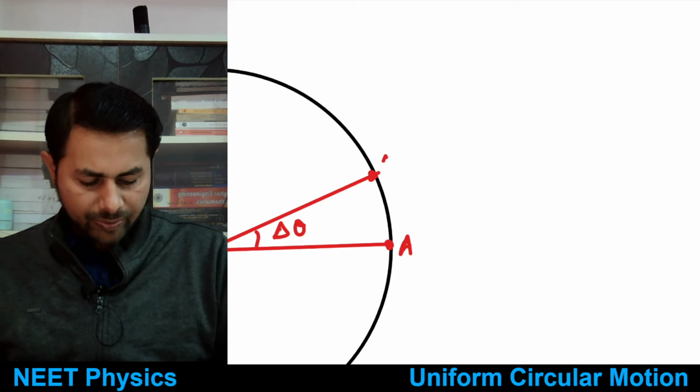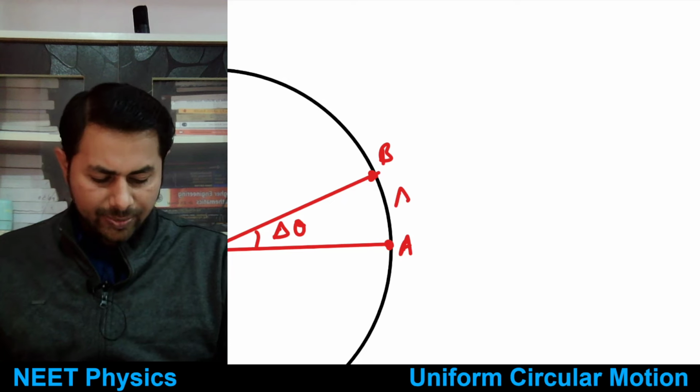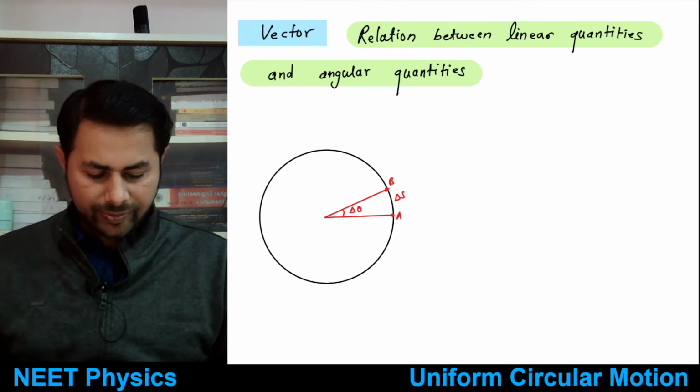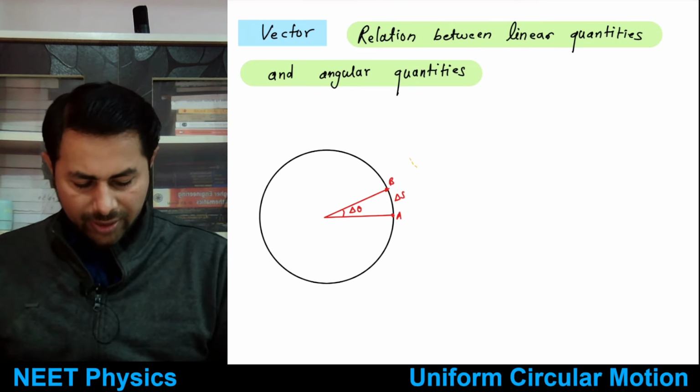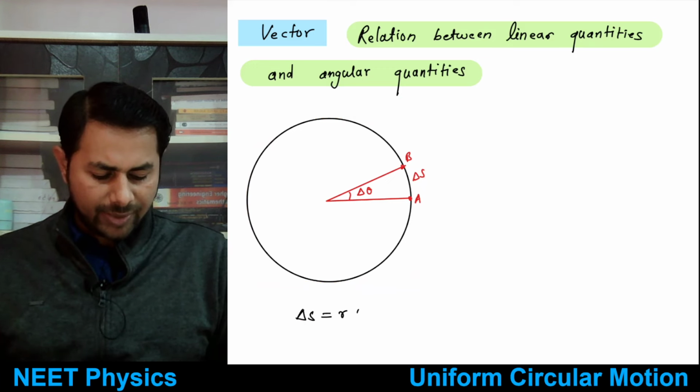The object is moving from point A to point B, right? So the length of the arc is, suppose, delta s, it's very small. So the angular displacement is small, this arc length is small, and we had seen that delta s is equal to R multiplied by delta theta.